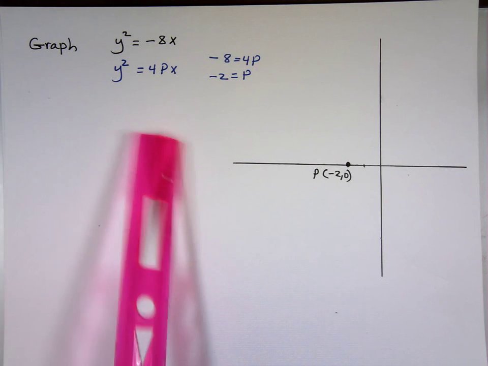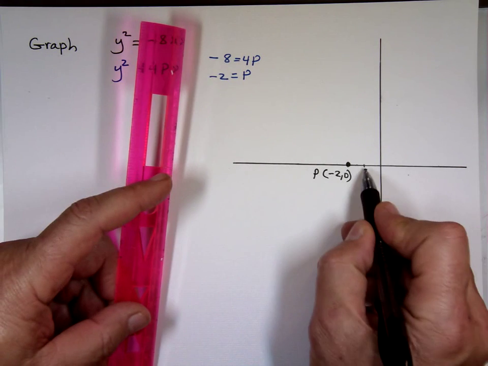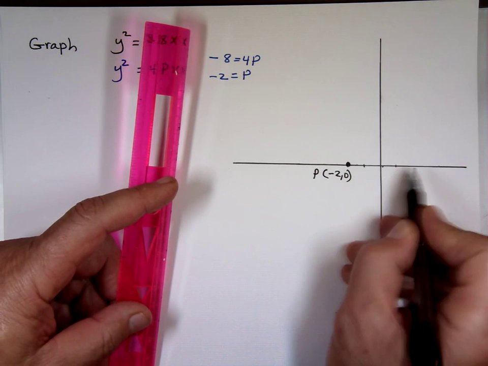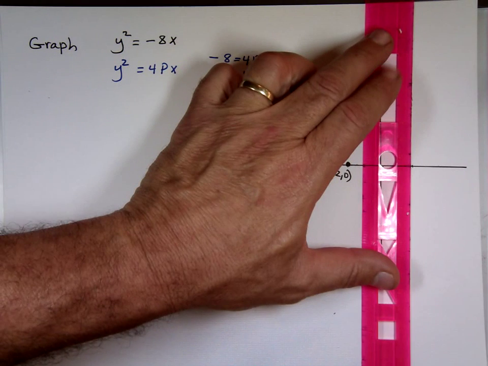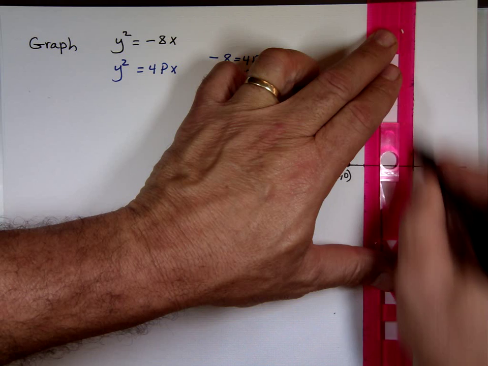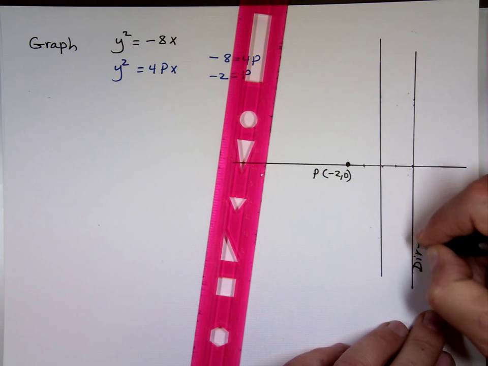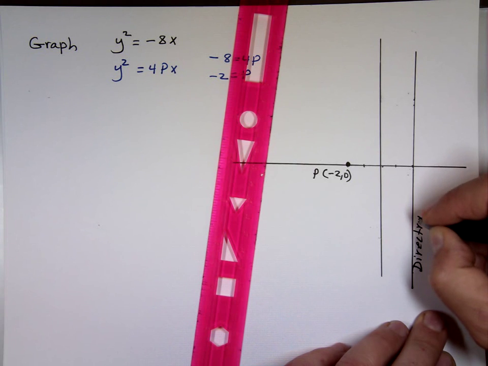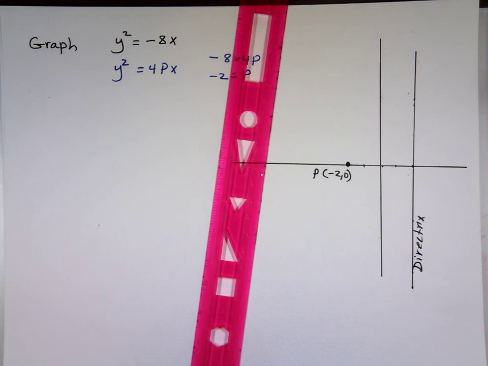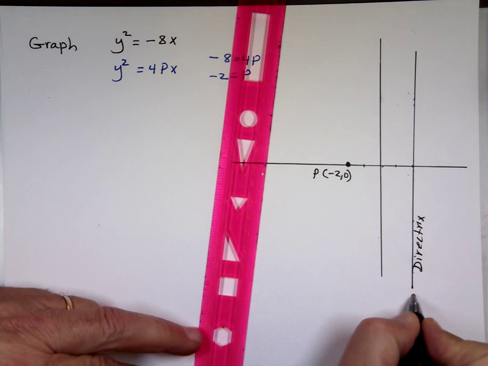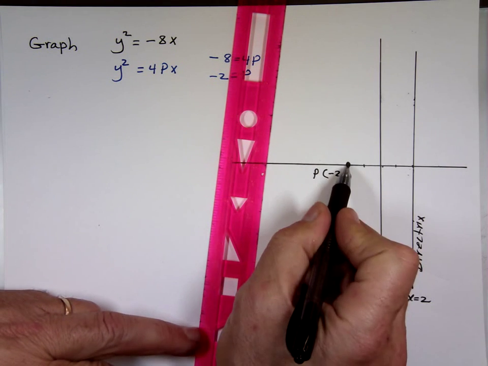My directrix is going to be 2 units back. So if this is 2 here, let me go 2 back. It's going to be this line. And this is x equals 2 here. The distance from here to here is how many units?